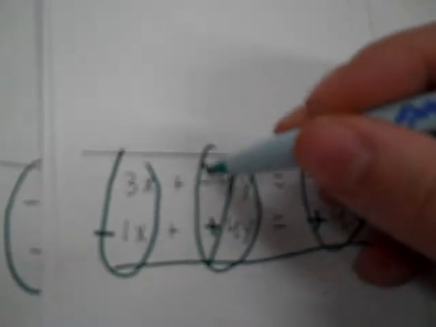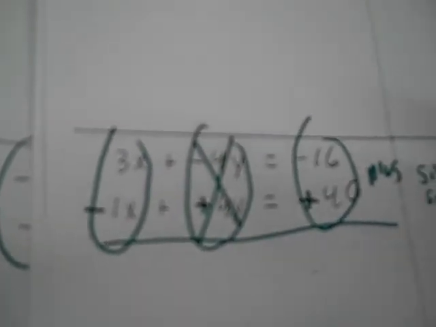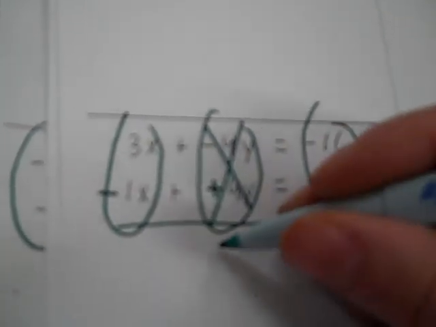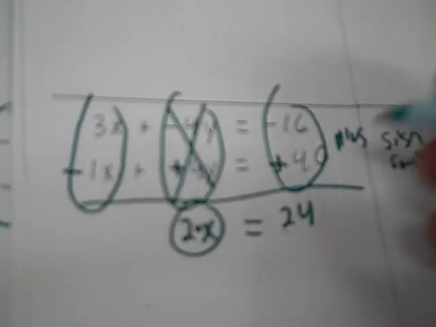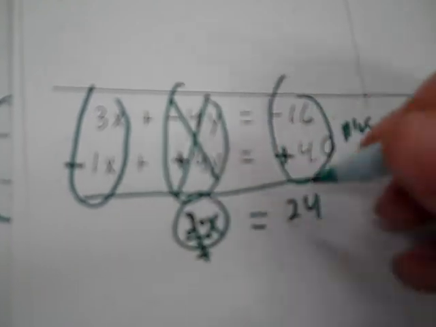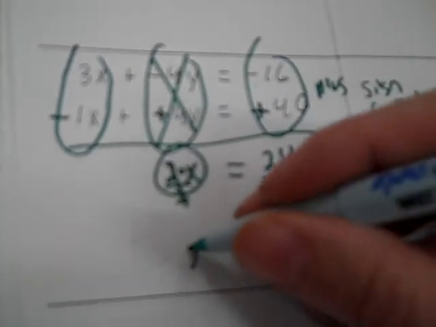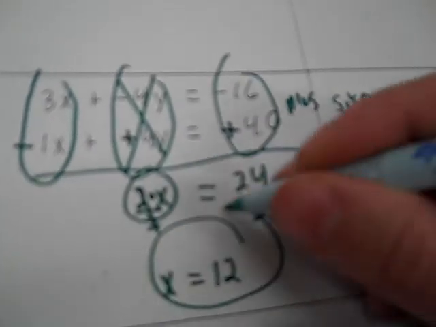But negative 4 plus 4 is 0. These cross out because they add to 0. 3 plus negative 1 was 2. And negative 16 plus 40 is 24. Dot your x, circle it, and divide by 2. X equals 12. Okay?